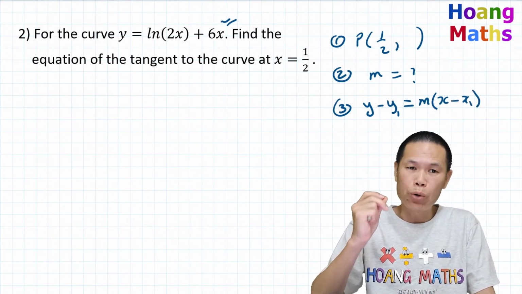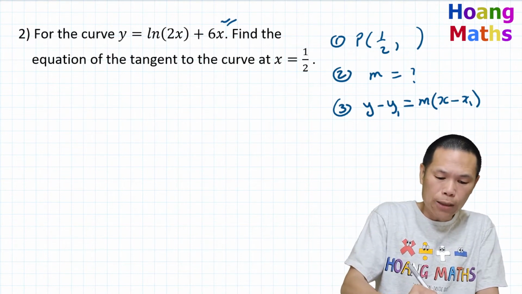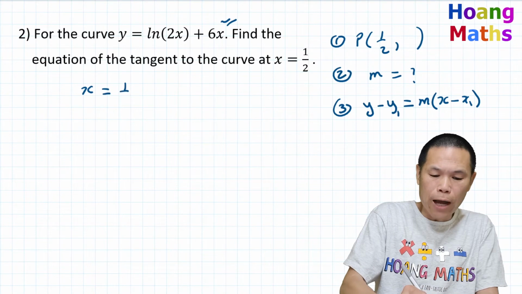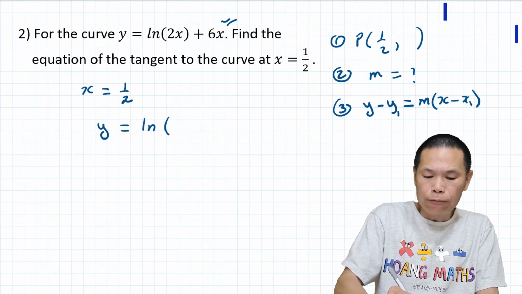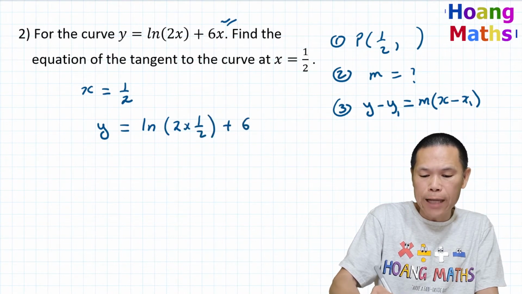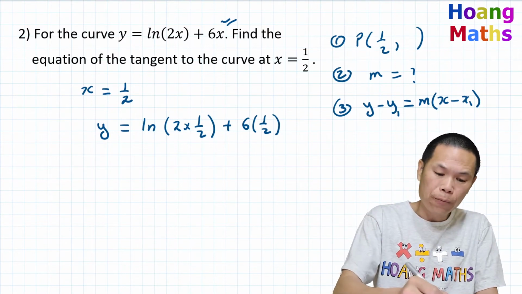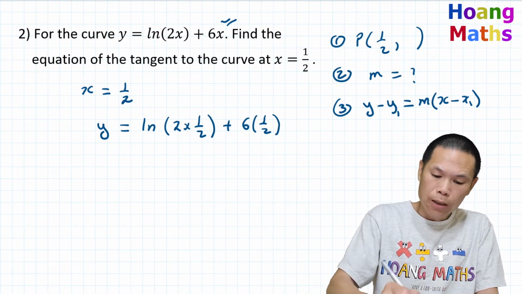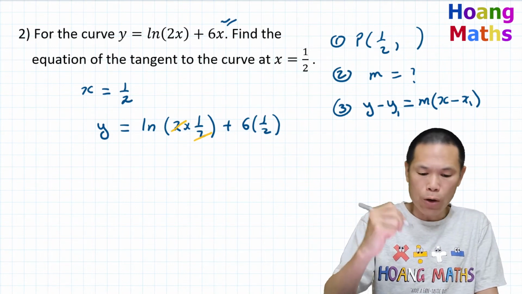So let me just find the point first. In this case, we already have the x value. So when x is equal to a half, y will be ln of 2 times a half, okay? We add 6 times a half. Now a half times 2 gives me 1, so we know that ln 1 is 0, okay?